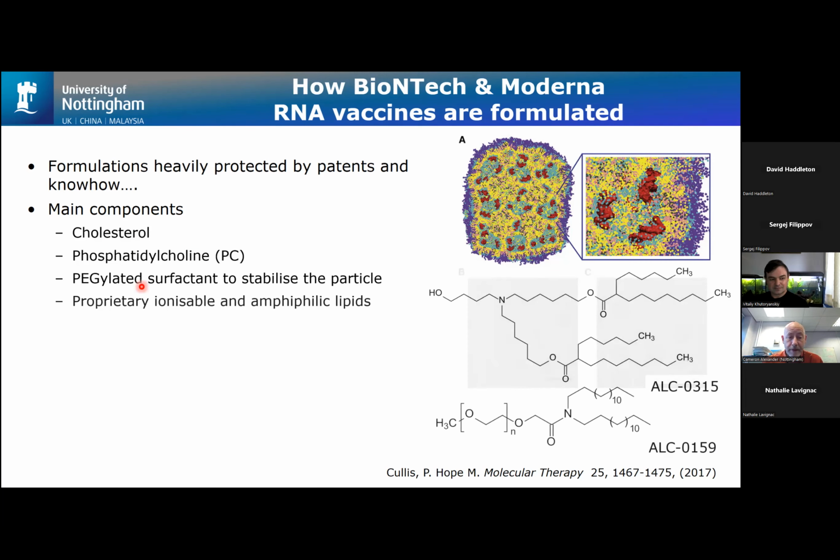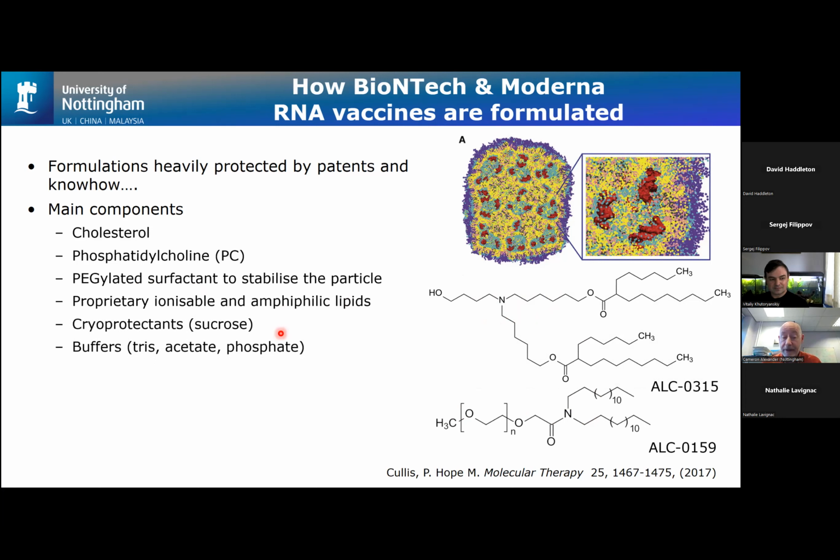But there's also some proprietary ionizable and amphiphilic lipids. These are quite interesting structures, and the details of why they operate are still slightly controversial. But there are these pegylated amphiphiles as well, and these proprietary ionizable and amphiphilic lipids.